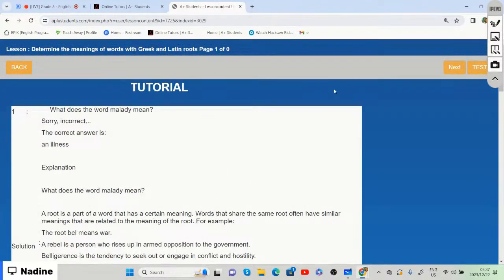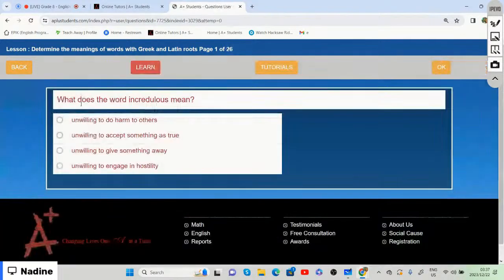All right, so now we're going to our test. We need to say what the word incredulous means. Incredulous. So what does the word incredulous mean? Is it unwilling to do harm to others?